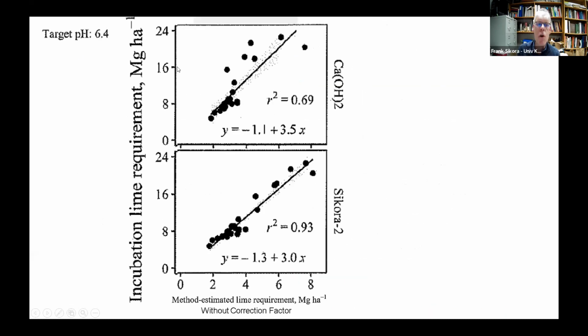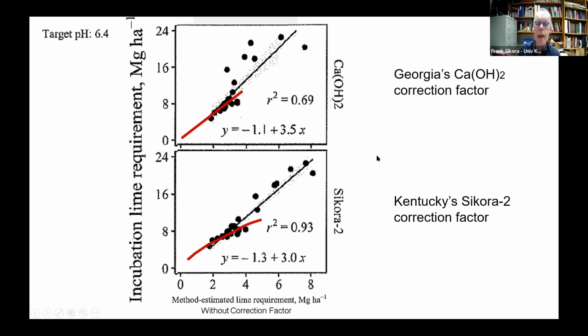This graph shows the calcium hydroxide and Sikora 2 method with a target pH of 6.4. What I am overlaying on top of this are the correction factors that Georgia uses with that single calcium hydroxide method and the correction factor that we use for our method. And you see that it lies pretty much on top of the data they observed.